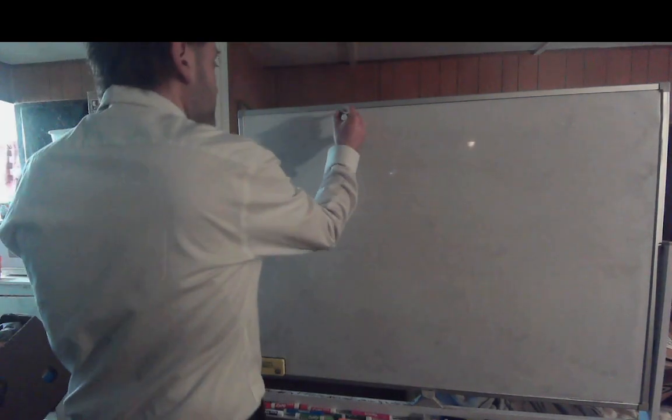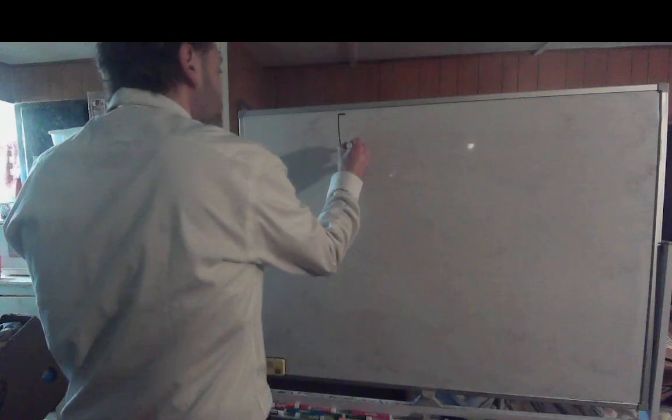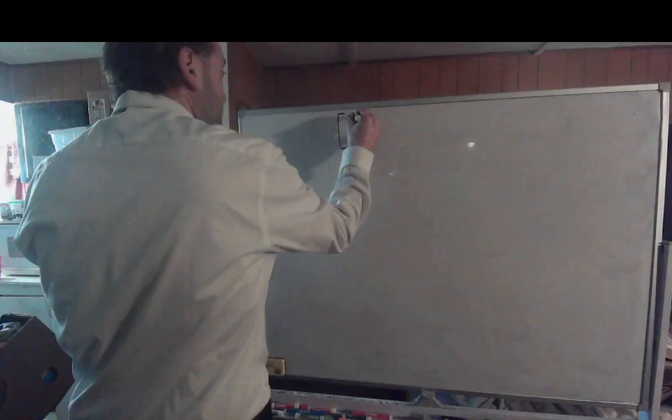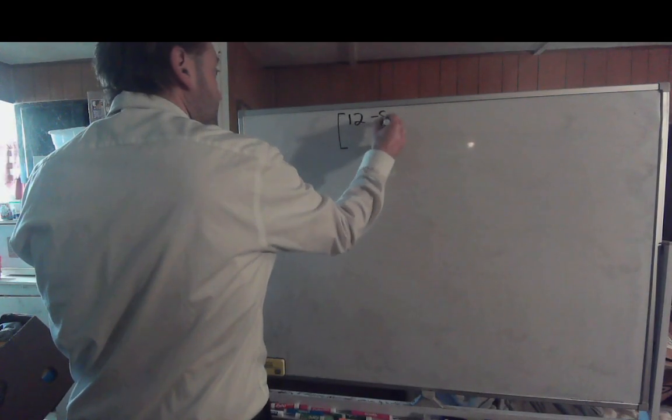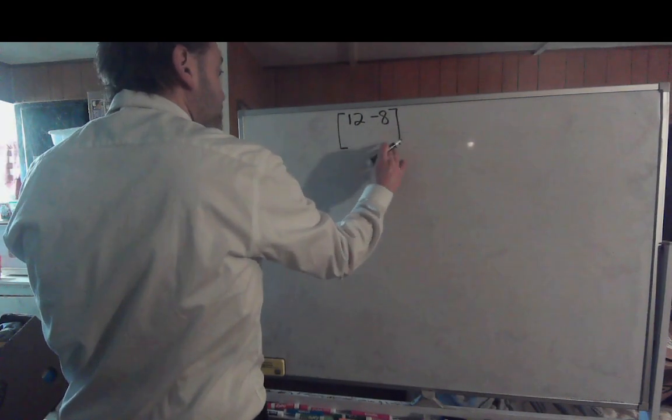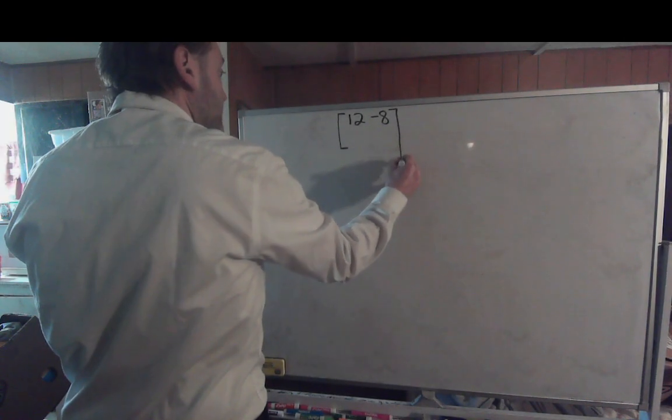But let's do a few problems here where we are going to add matrices plus scalar multiples. So let's say I give you something like, we got 12, -8. I probably better expand this actually a little bit.